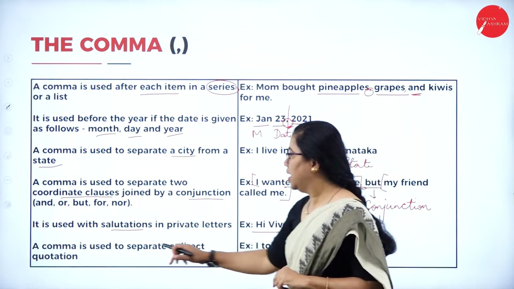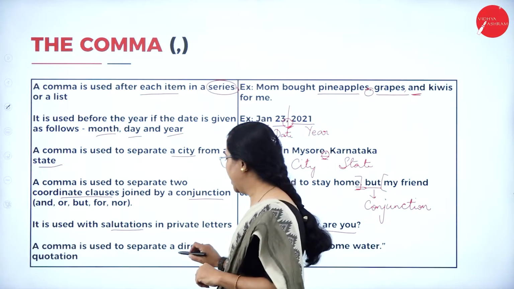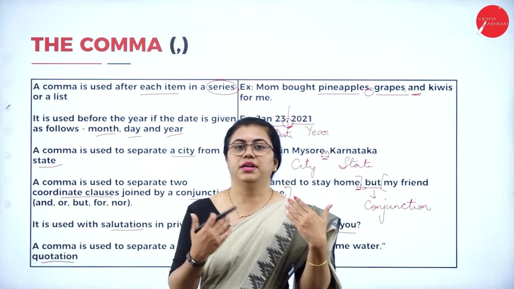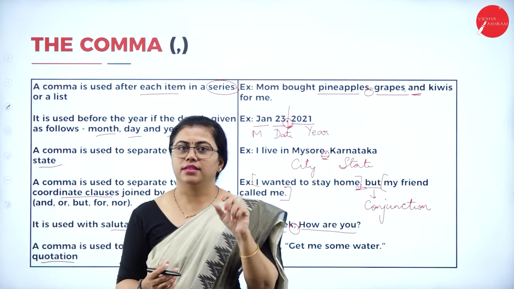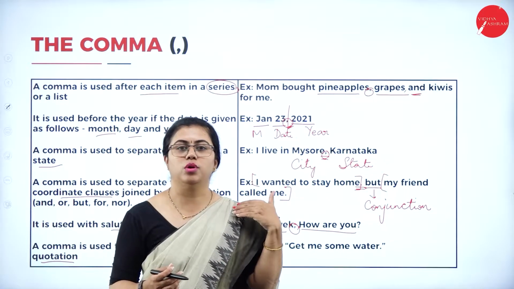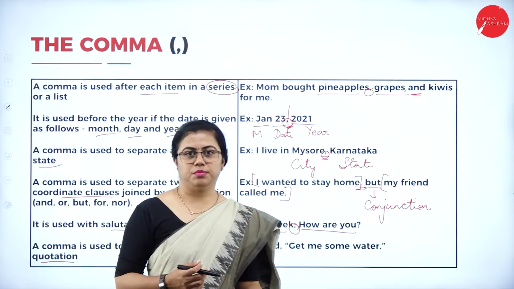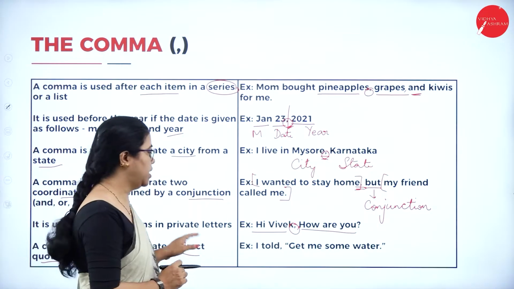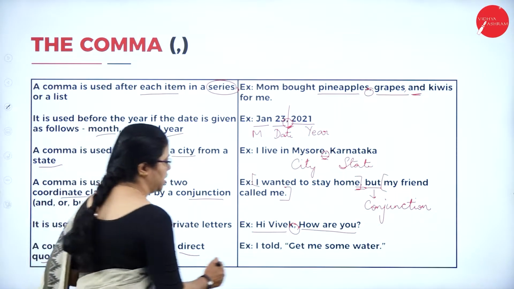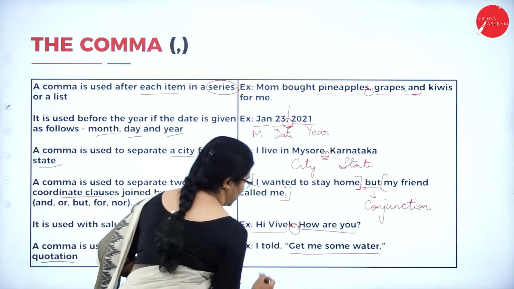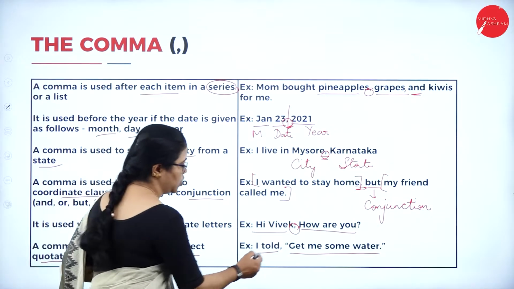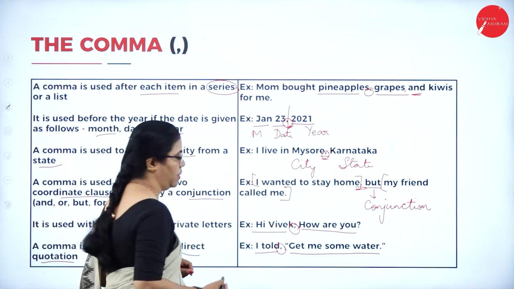Then a comma is used to separate a direct quotation. What is a direct quotation? Quotation you already know: when somebody says something, that is called a quotation. It means you are quoting directly what the other person said, so direct speech. We use a comma to separate the direct speech from the reporting verb.